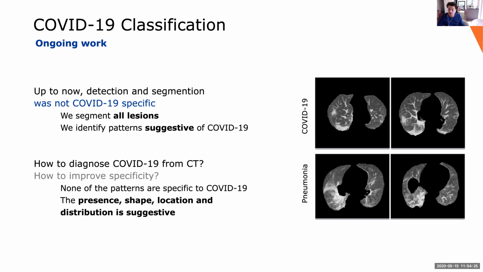The best their knowledge up to now suggests is that the presence of specific patterns, the shape, the location, and the distribution seems to be the most suggestive for COVID-19. I've given an example here where this is the lungs of a COVID-19 patient, and on the bottom of a pneumonia patient. And you could see that they bear quite some resemblance.